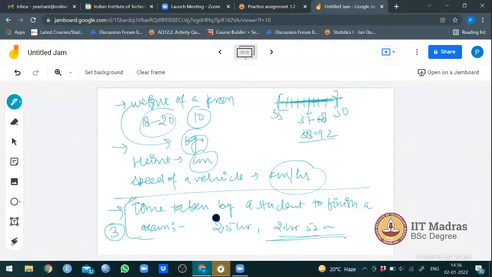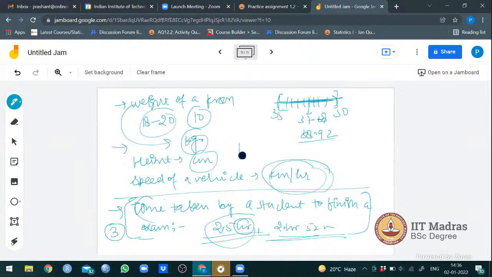You are measuring the time in hours. So if there is a concept of measurement with some units, weight in kilograms, height in centimeters, speed in kilometers per hour, time, then it comes under continuous.